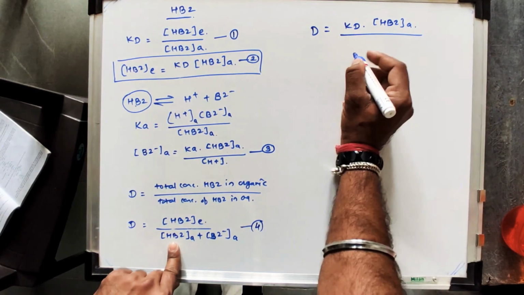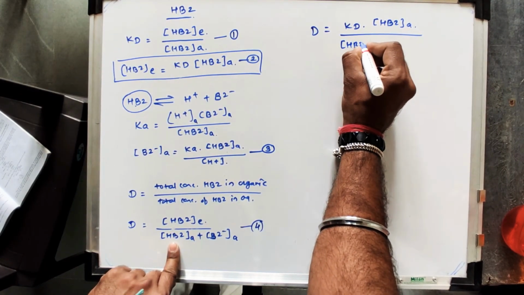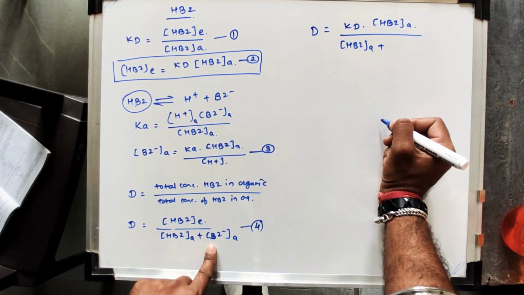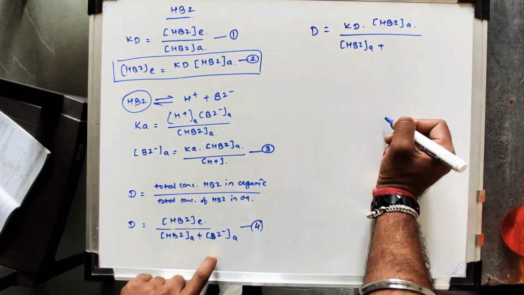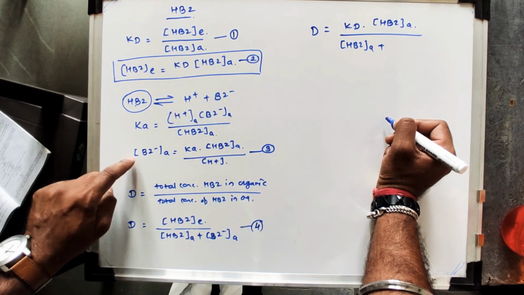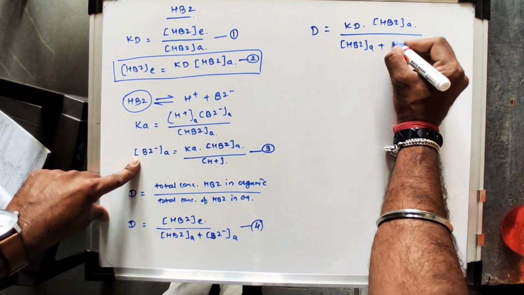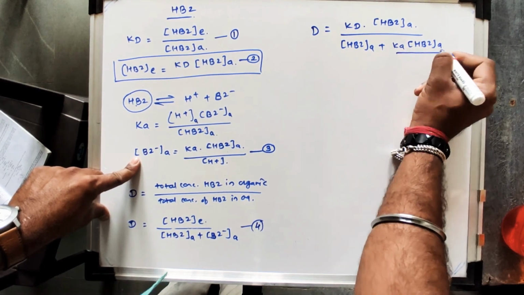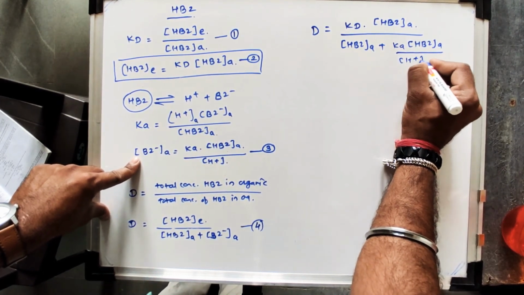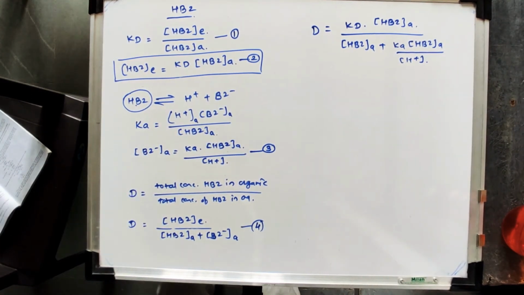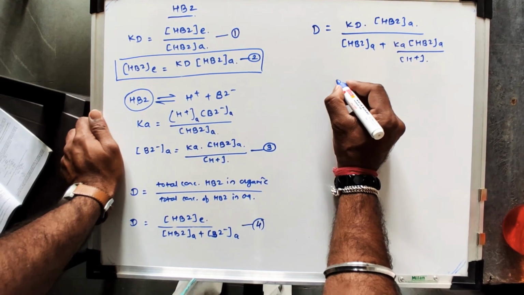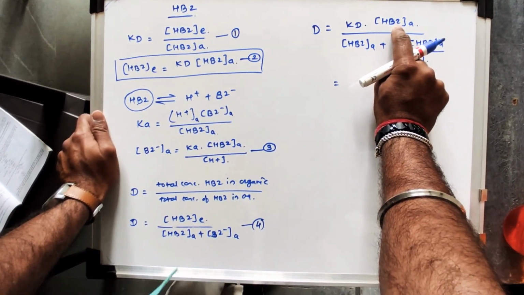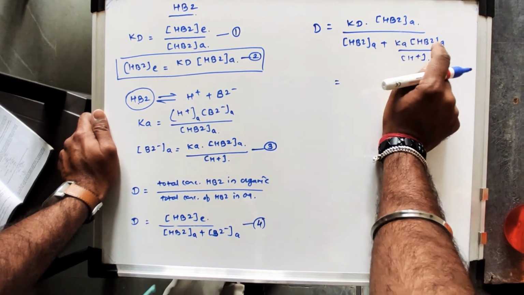While in denominator HBZ A as it is, concentration of benzoic acid in aqueous layer, while the concentration of dissociated benzoic acid in aqueous layer is taken from equation number 3. Therefore, Ka into HBZ A divided by concentration of H plus. Taking HBZ A common from numerator and denominator, they cancel each other.